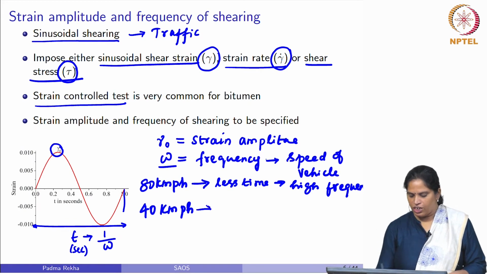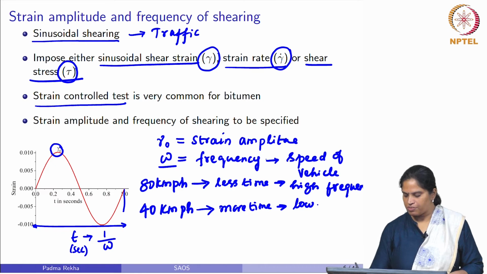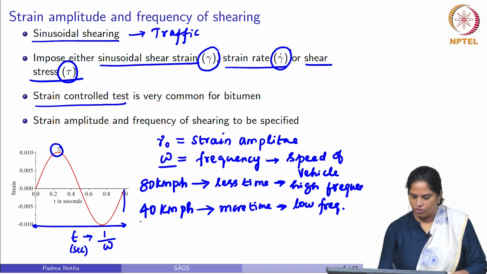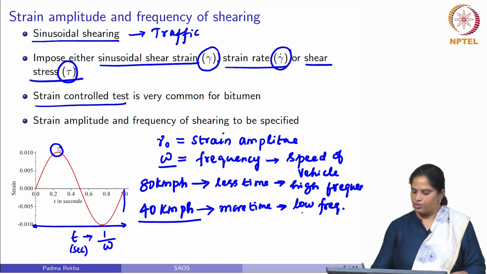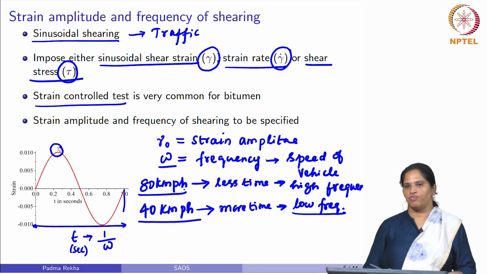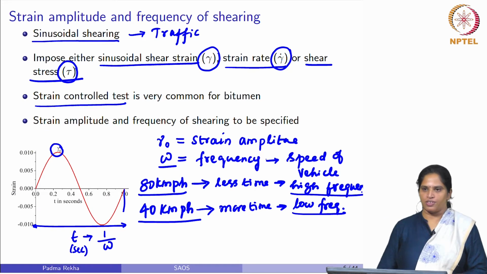In case of 40 km per hour compared to 80 km per hour, the loading is for more time. So, we need to test it at low frequency. If you want to simulate the response of 40 km per hour, use the corresponding low frequency, and if you want to simulate the response of 80 km per hour traffic, you test it at high frequency.